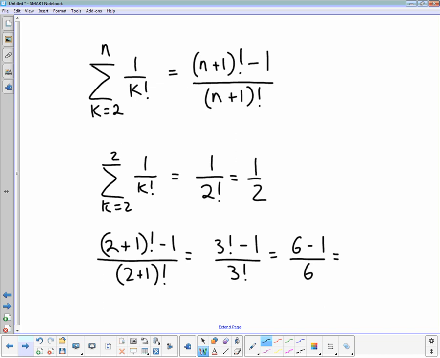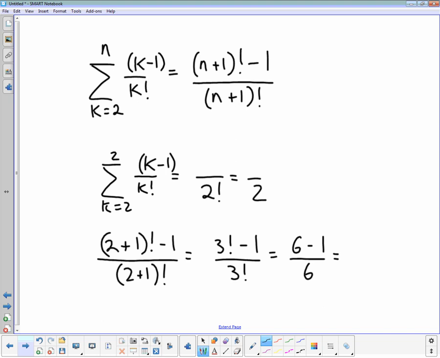Oh, no, wait, I forgot the numerators. Ooh, that would help. Yeah, it would be k minus 1, wouldn't it? No, n is where it ends. K is the thing that changes.